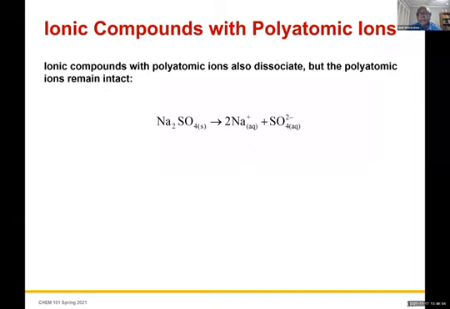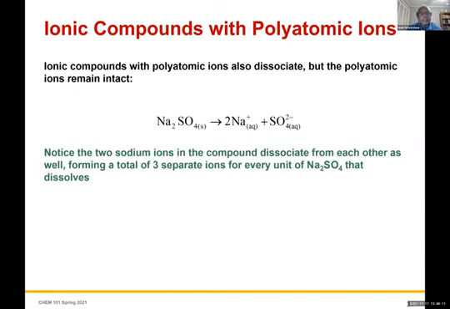Similar to sodium chloride, they also undergo hydration or solvation with water. Aluminum chloride, AlCl3, produces 4 ions, Al3+ and 3 chloride ions, 4 ions together.